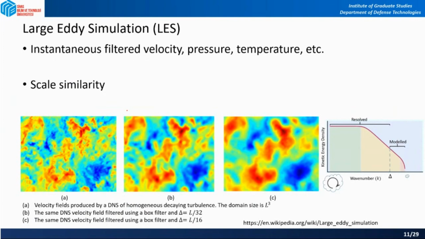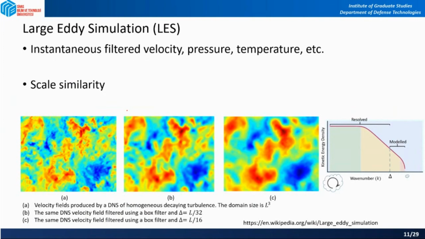Now, I have to mention something about scale similarity. Again, you see these three pictures that you saw before. The colors are velocity magnitudes. And again, I told you one is a snapshot of a typical velocity field.